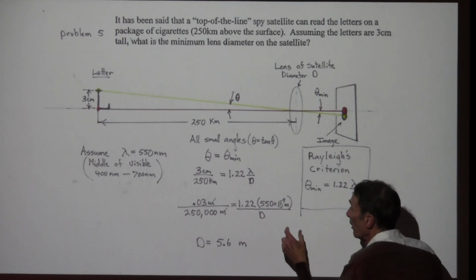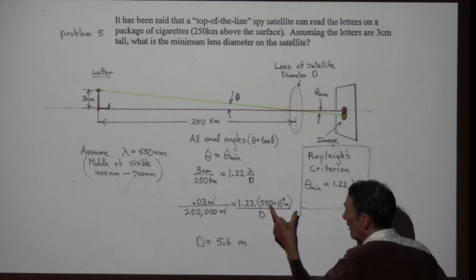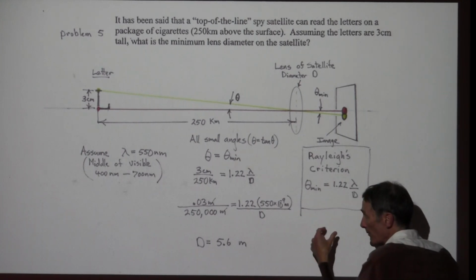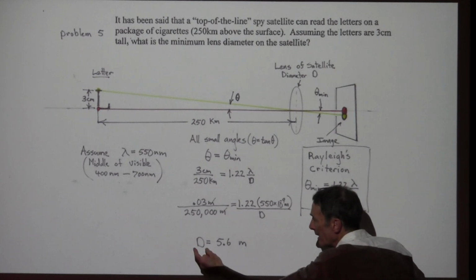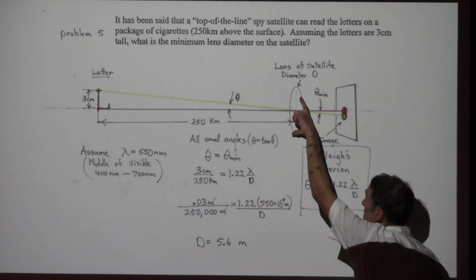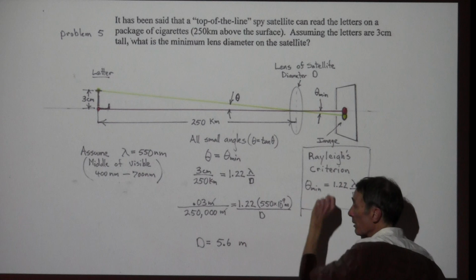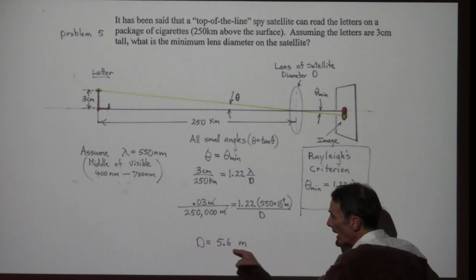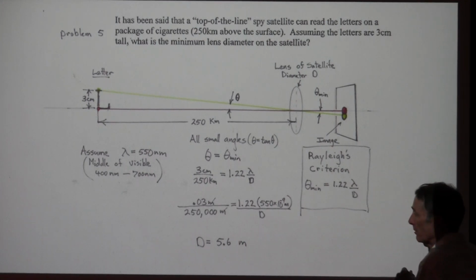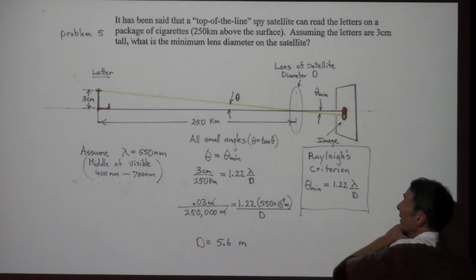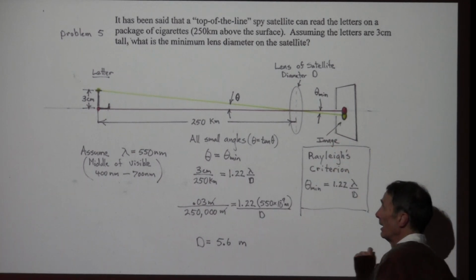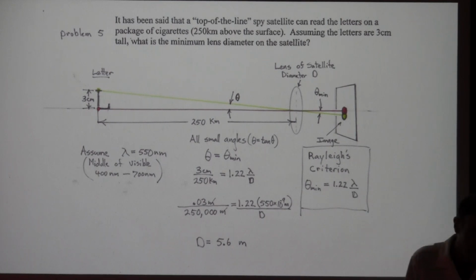Maybe he'll let you use whatever wavelength you want. We go ahead and do that, and we get a diameter of the lens or mirror, whatever that opening is, of 5.6 meters. Then we'd be able to resolve that as an image. It would be blurry, but maybe just discernible.